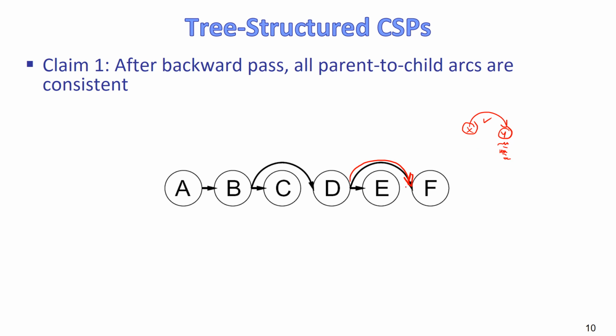Will this case ever happen here? After we check D to F, will it ever happen that the values of F change? When can that happen? Only if we have values that are changed here in F, right?